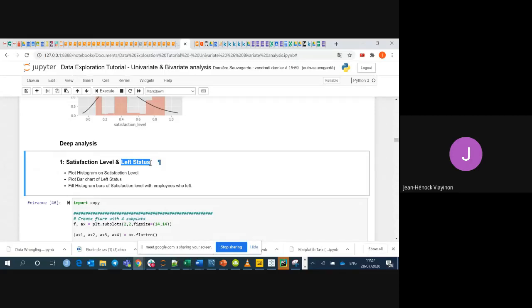But as we don't have the second class here, the current employees, we don't really know if they are leaving or not. So this one contains people who left, and this one contains people who stay. I cannot say the current employees just stay in the company, because we don't know yet.